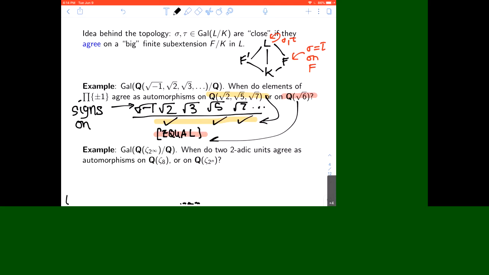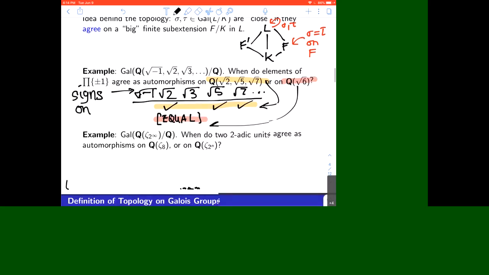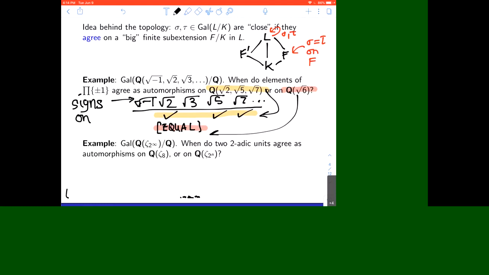Now, what about for the Galois group of Q adjoin the two power roots of unity? If I tell you that I want two elements in the Galois group to be the same on the field Q adjoin zeta 8, what does that mean? You give me an A naught plus 2A1 plus 4A2 plus 8A3, and you give me a B naught plus 2B1 plus 4B2 plus 8B3.